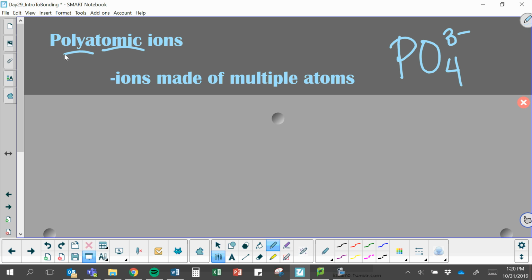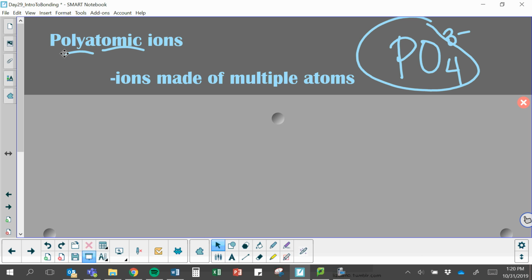For our polyatomic ion, it's telling us we have 1 phosphorus, 4 oxygen, and the whole thing is a -3 charge. So we treat them the exact same way with our naming and figuring out compounds, but instead of putting the charge with one of the atoms, we just put it with the whole thing.